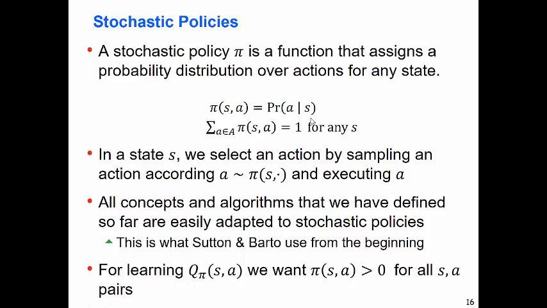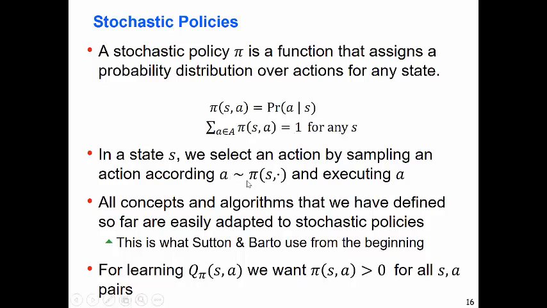And a deterministic controller is a special case of this, where one of the actions gets probability 1 and the others get 0. And of course, since it's a probability function, the sum over all the actions has to be 1. Right? So you can get a completely random controller by assigning equal probability to all actions. It's probably not going to be a good one, or a deterministic one.